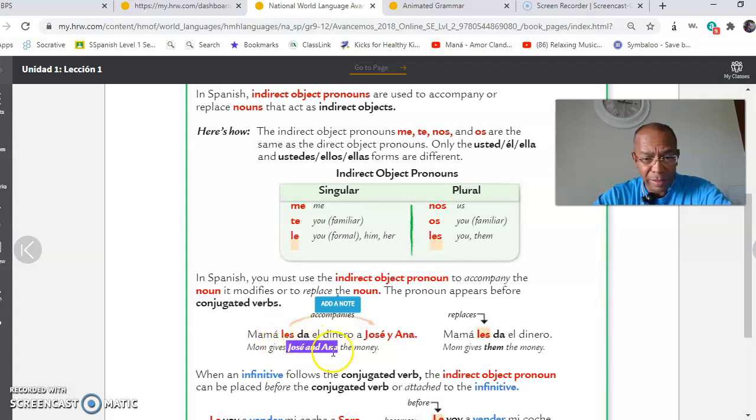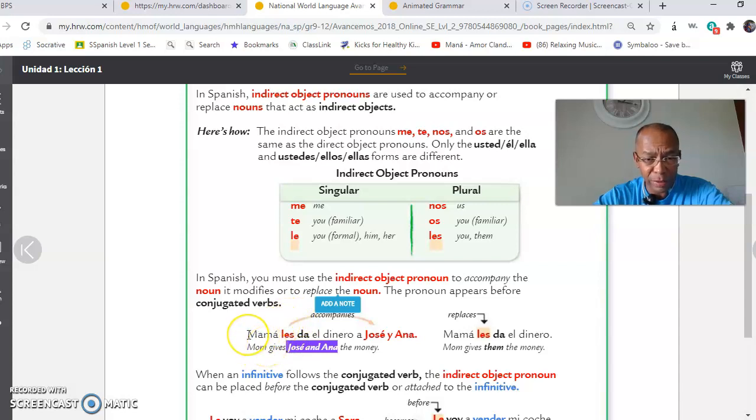And because it's two of them, you're going to look for the indirect object pronouns that belong to it. In this case, it's more than one. It's them. So it will be le or les. It's more than one, Jose and Ana. Therefore, it will be les. So you're going to replace these two with les, and obviously you're going to put it before the conjugated verb.